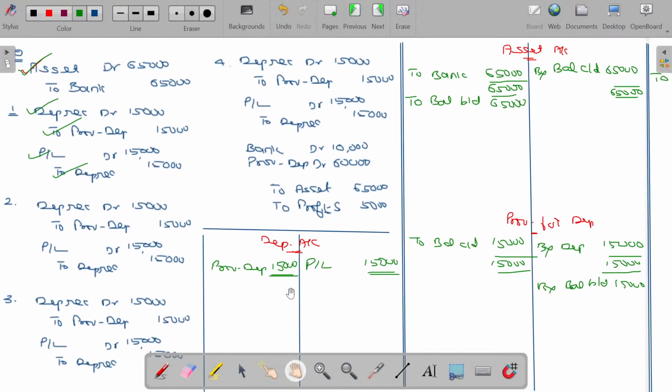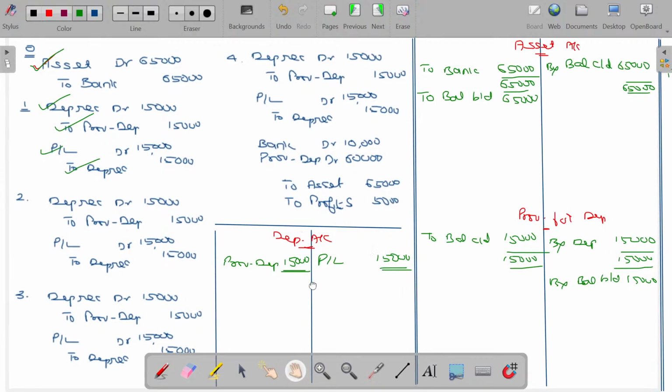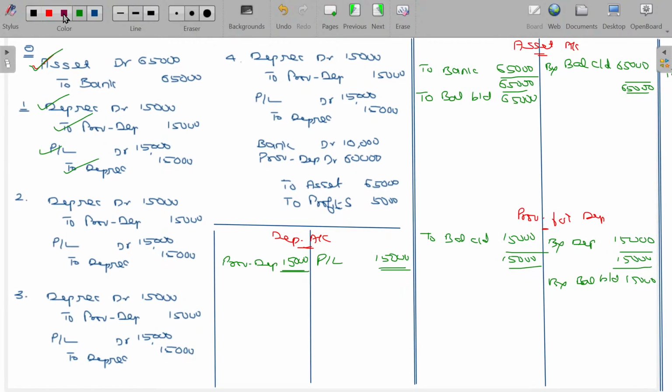Let's see. In year 2, we have the depreciation. In depreciation, provision for depreciation here, 15,000. In provision account, by depreciation, the value being 15,000.